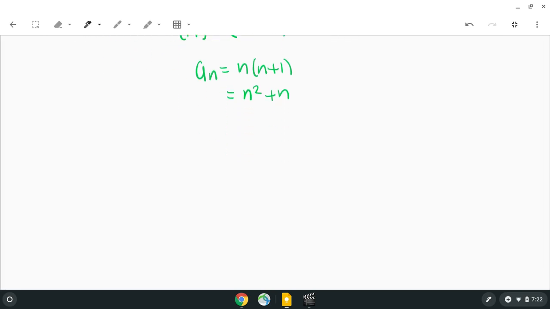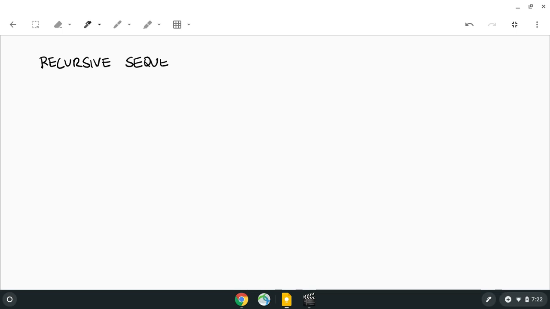Okay, so let's take a look at recursive sequences. These are our special kind of sequences.